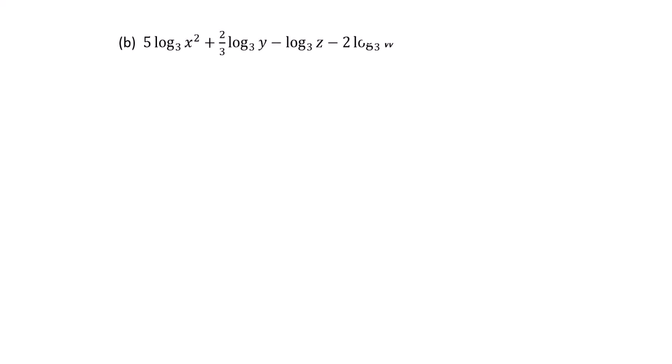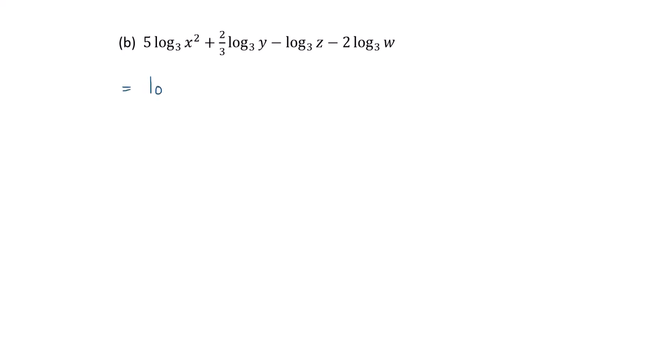Here I have 5 log base 3 of x squared plus 2/3 log base 3 of y minus log base 3 of z minus 2 log base 3 of w. Again, I'm going to start the same strategy, getting those coefficients that are in front to be the exponent on the argument, so using the power rule in reverse.